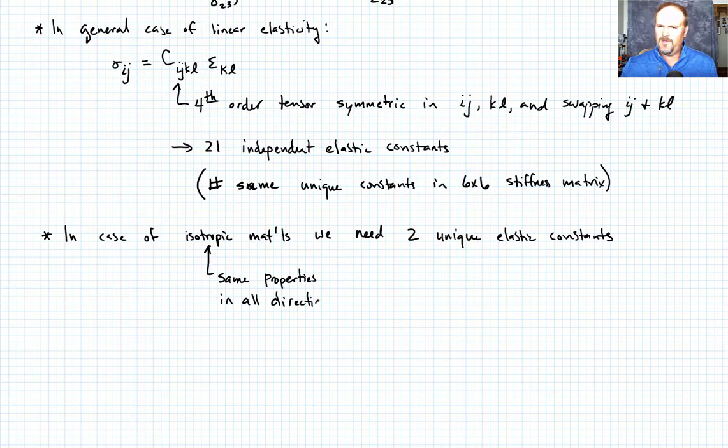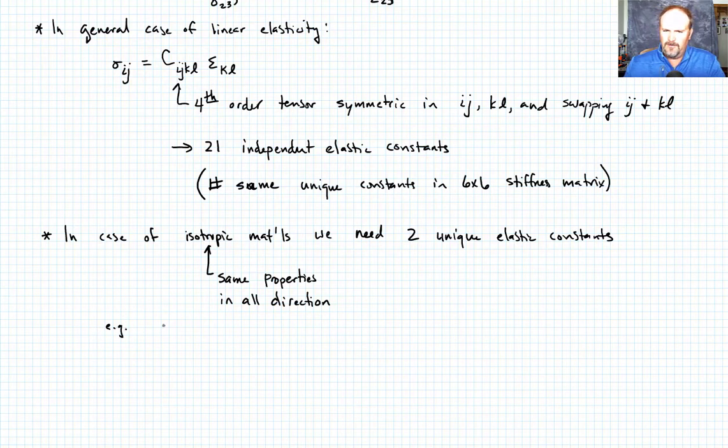Frequently in engineering we encounter these; we typically handle things like steel, aluminum, copper or titanium all as isotropic materials. So we need 2 constants.